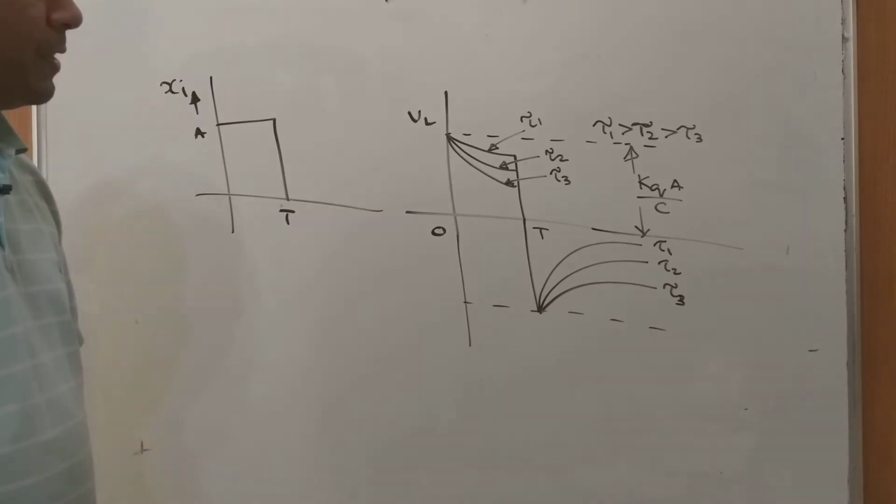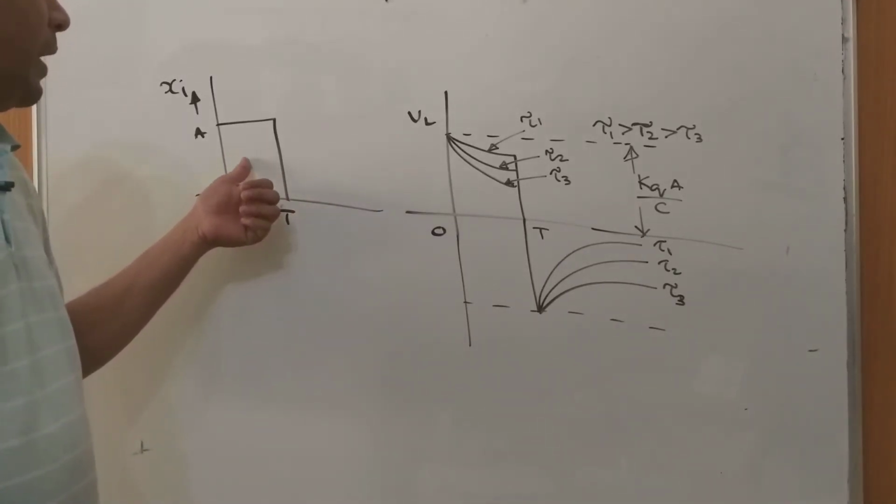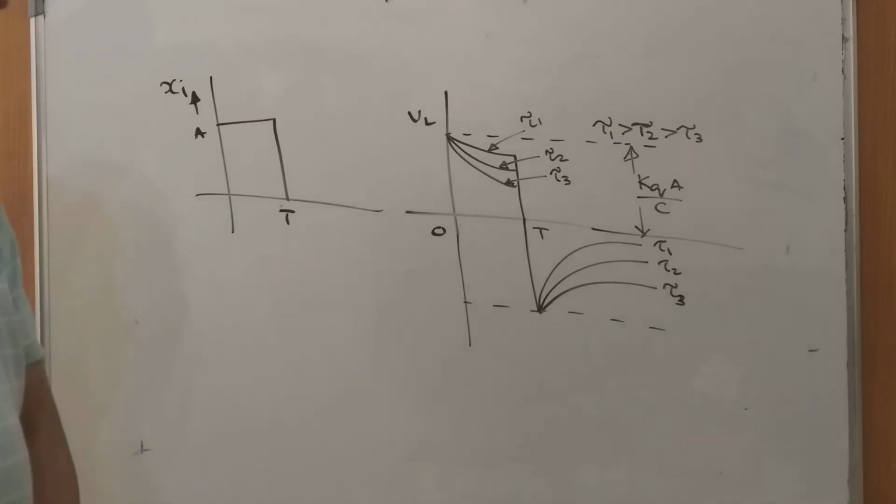So from this graph it is clear that in order to duplicate the same nature of the input, we need to have a very high value of time constant tau. The higher the time constant, the more approximately the same response, or the same shape, can be recovered.